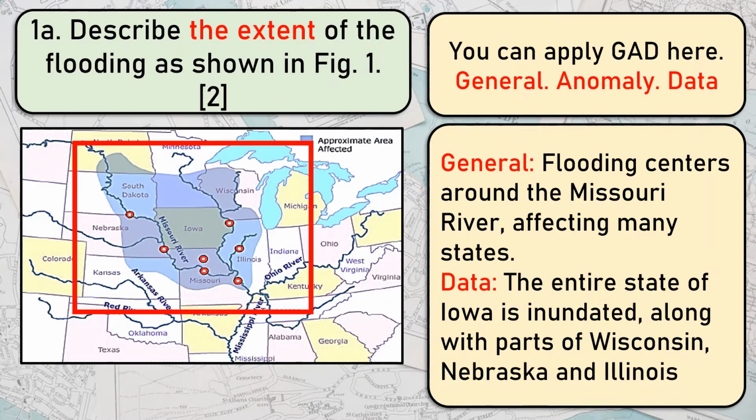So the meaning of the word inundated means flooding. It's just a more geographical term to the word flooding. So the entire state of Iowa is inundated along with parts of Wisconsin, Nebraska, and Illinois. So this is what constitutes general as well as data. So for this answer here, you will actually get 2 marks. So you tell me generally what happened and then you give me data, so that's 1 mark each.